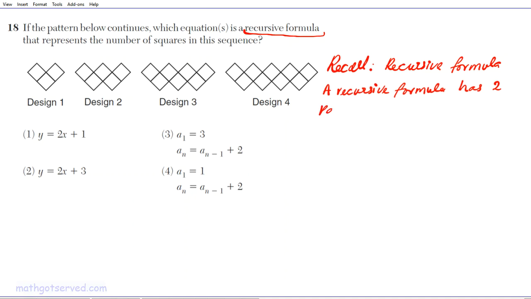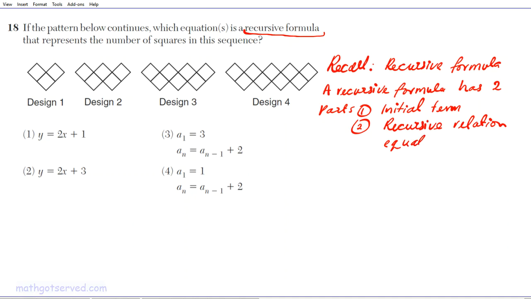What are they? It has the initial term, and secondly the recursive relation equation, or it could be called recursive definition.